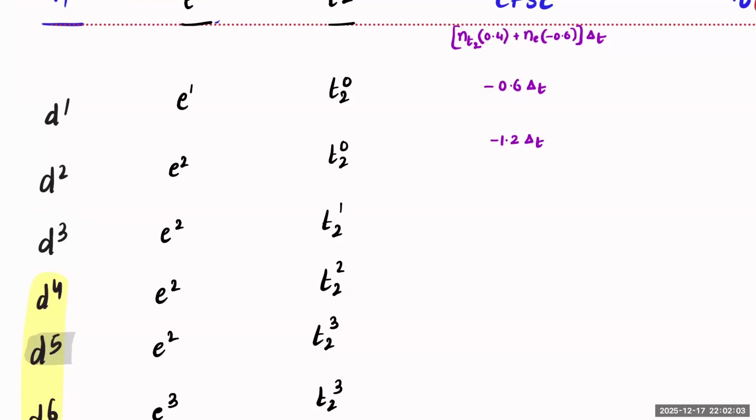So it will be minus 0.6 plus 0.4. So it is minus 0.2 delta T.